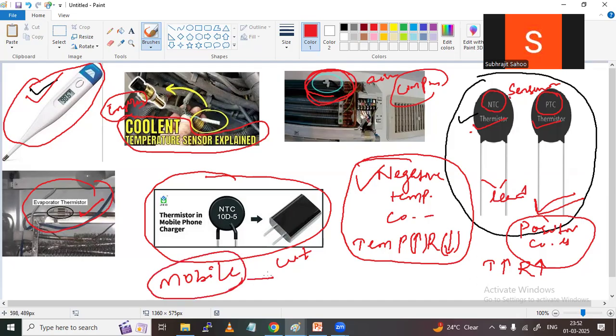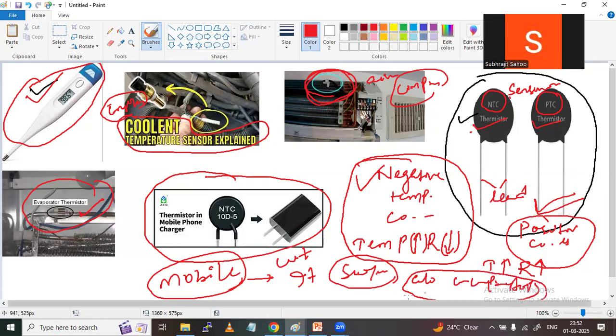When it is overheated, this acts as a sensor. It may switch off the mobile, or stop the processing applications so that your mobile comes back to the normal temperature. So these are the several applications of the thermistor.